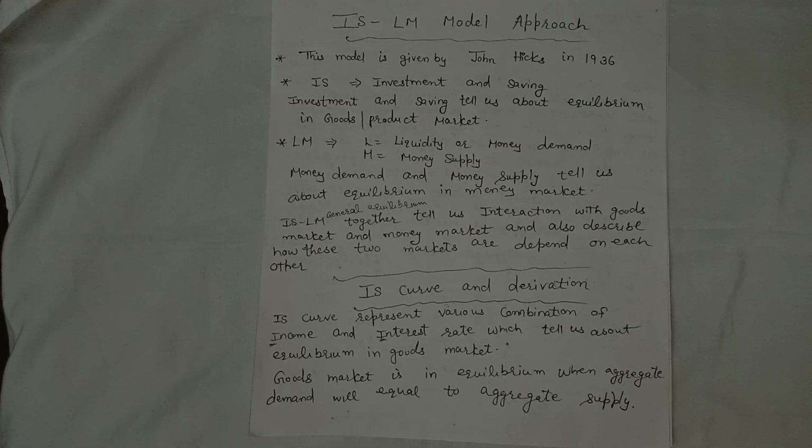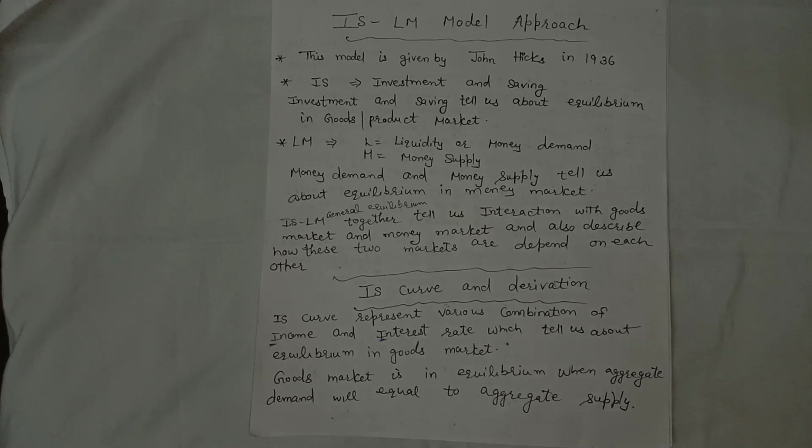The first part includes IS and the second part includes LM. What is IS? I is equal to investment, S is equal to saving. And in the second part, L and M. L shows liquidity or money demand and M describes money supply.